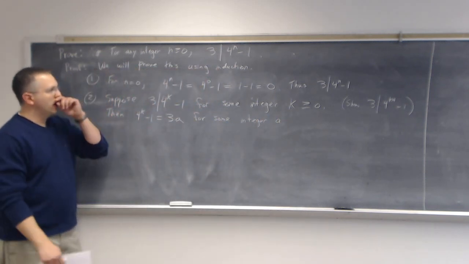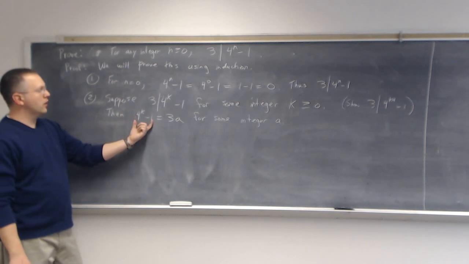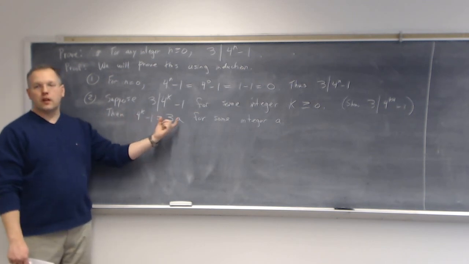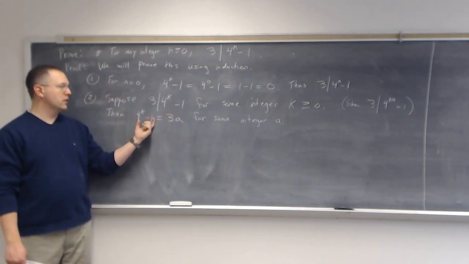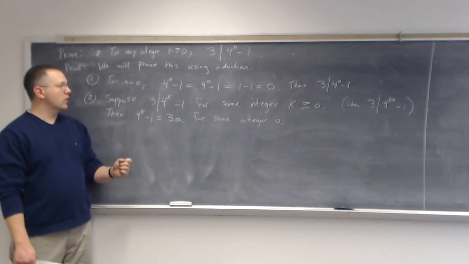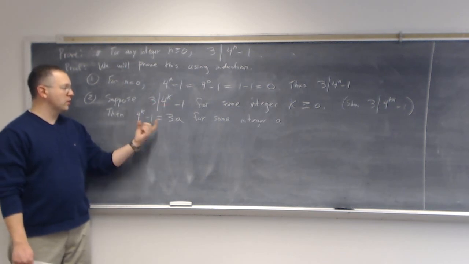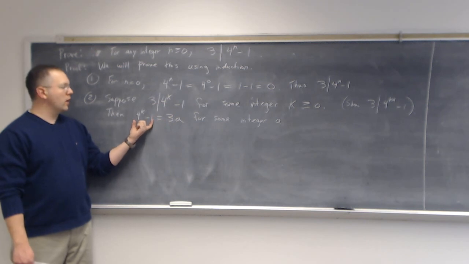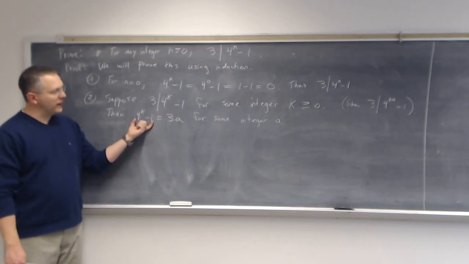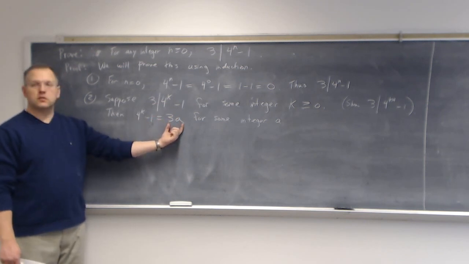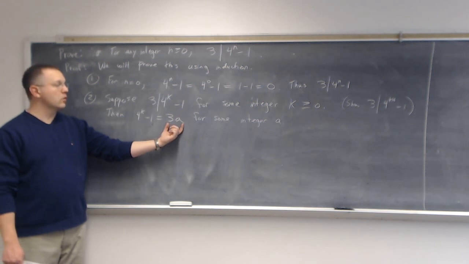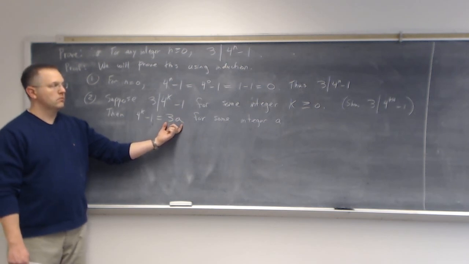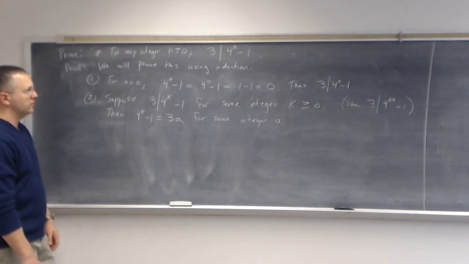So for these statements about divisibility, you're going to unravel the definition of divides. 3 divides 4 to the k minus 1 means 4 to the k minus 1 equals 3 times an integer. Somewhere in our proof, we're going to replace this quantity with this equivalent expression, 3a. Somewhere down the road.